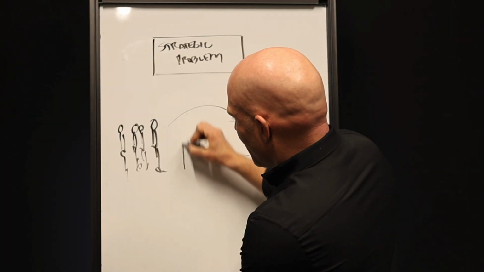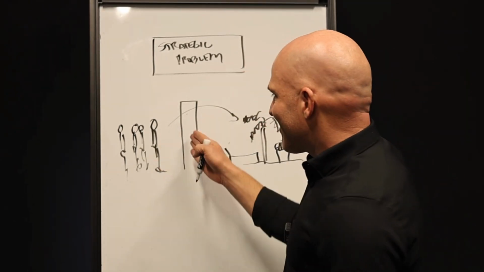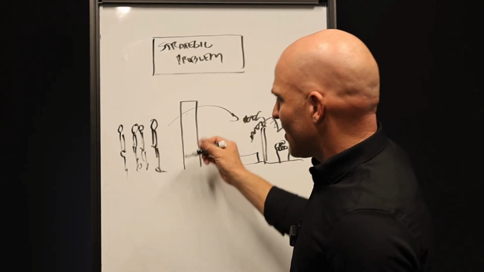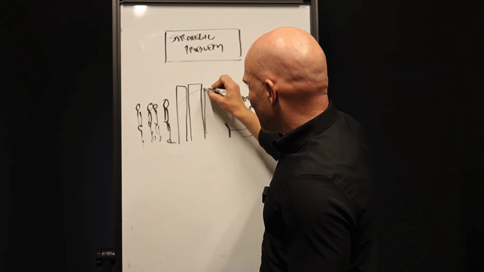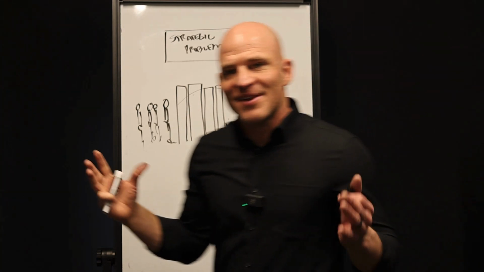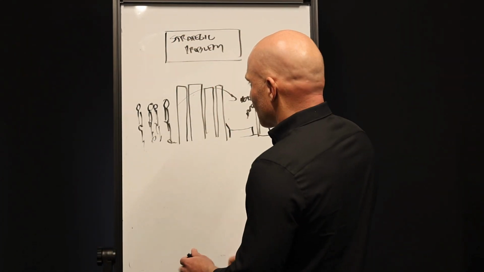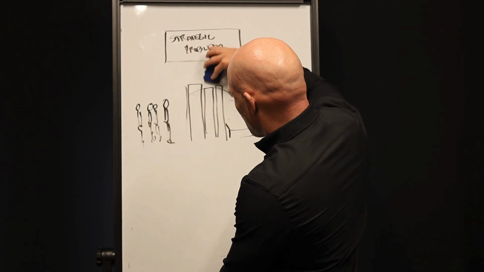But guess what? There are all these obstacles that stand in the way. This is the strategic problem. If you noticed, I didn't draw all these obstacles here, all these problems, even though in business sometimes it could feel like that. You have a lot of problems that you're facing, but instead I just drew one pillar, one wall.